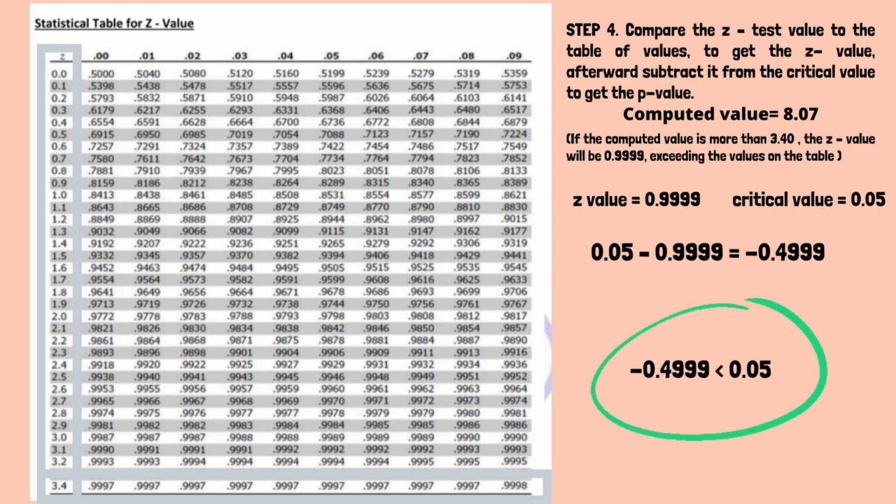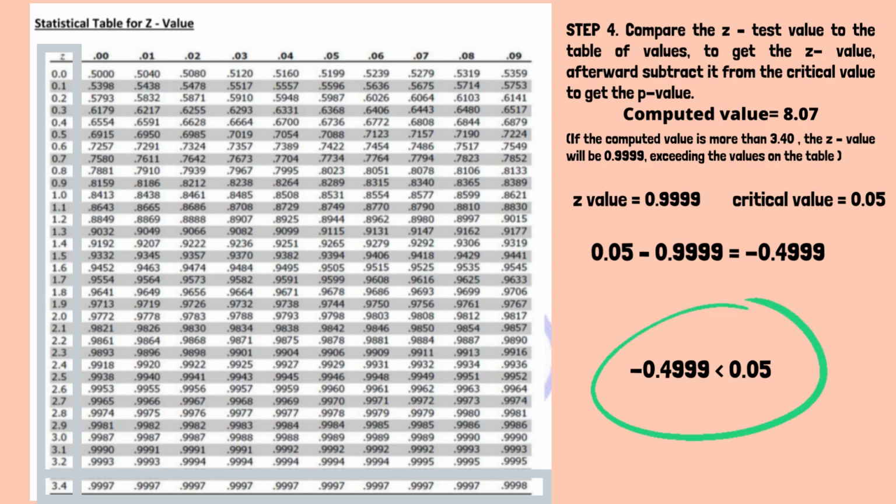Okay, 9999. Ayan, apat na 9. So, ayan, meron na tayong z-value, which is the 0.9999 and our critical value is 0.05. So yung critical value natin, ito yung kanina na sinet natin, which is 0.05.